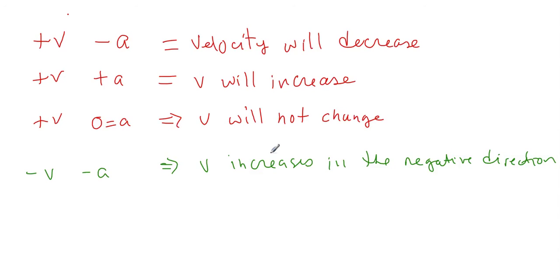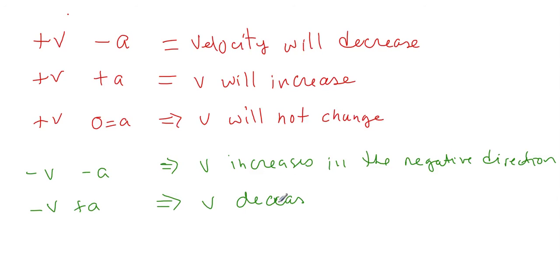And I guess this is one of the main reasons we're going through these last little notes in this video, because negative accelerations do not always make something slow down. They could make something speed up depending on what your velocity is to start with. If you have a negative velocity and a positive acceleration, it's going to do just the opposite. Your velocity will decrease.